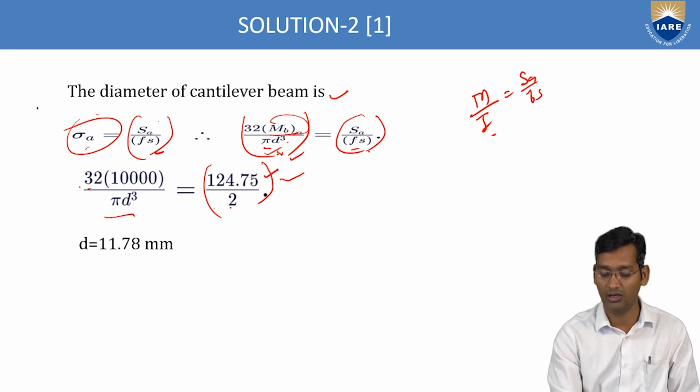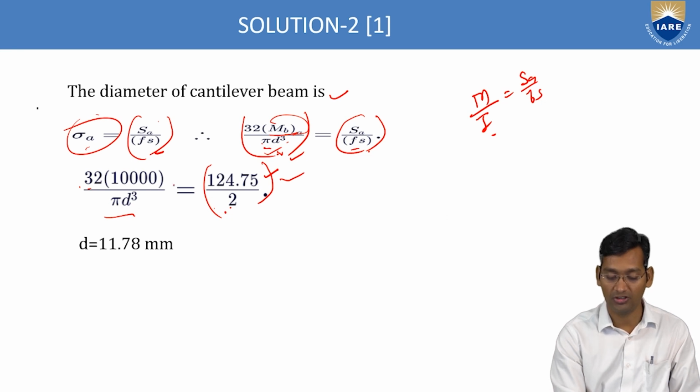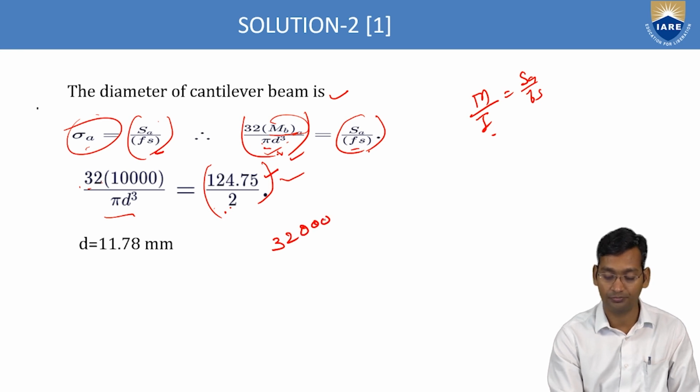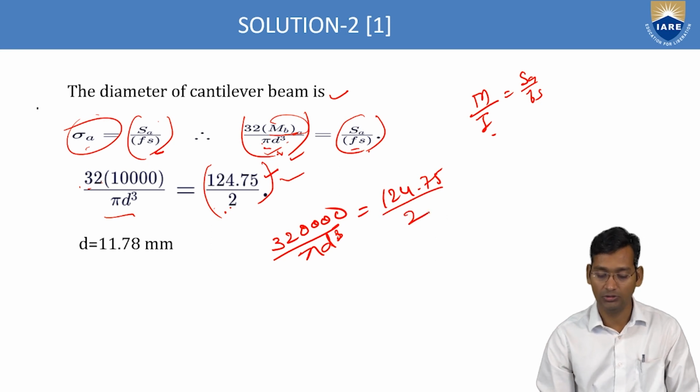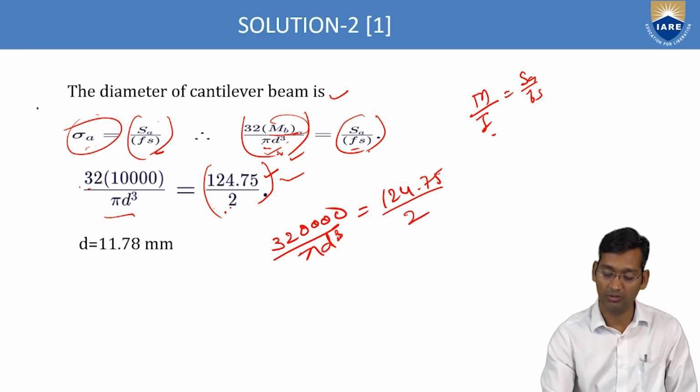Now just cross multiply. After that, what will you get? Multiplying 32 and 10,000 by pi d cube equals 124.75 by 2. You can multiply and process.